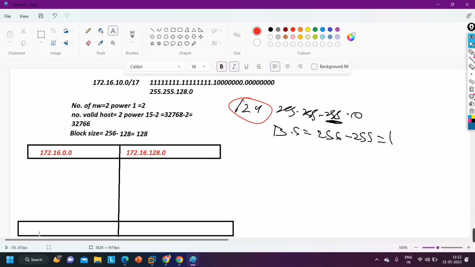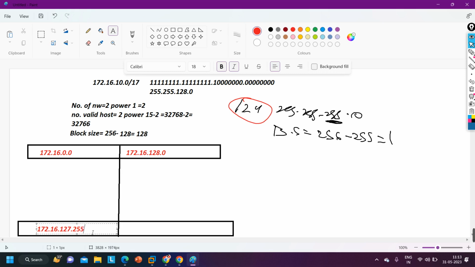Now what will be the last IP address of the first network? 172.16.127.255.